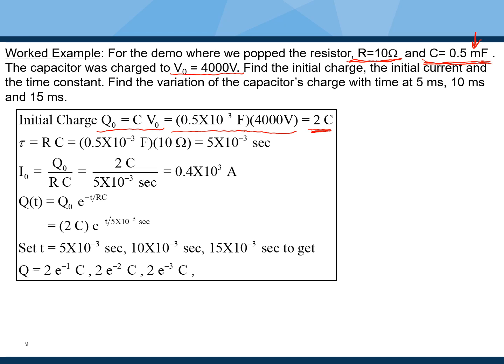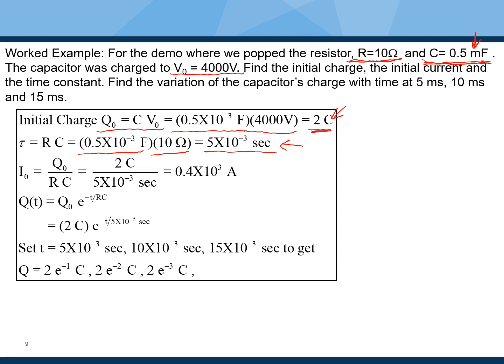And we saw that the time constant, R times C, is equal to the 10 ohms for the resistor times the 0.5 times 10 raised to minus 3 farads for the capacitor. And we saw, therefore, that for this particular circuit, the time constant was amazingly tiny. So we're taking this gigantic amount of charge and we're draining 63% of it through the circuit in an amazingly tiny amount of time.